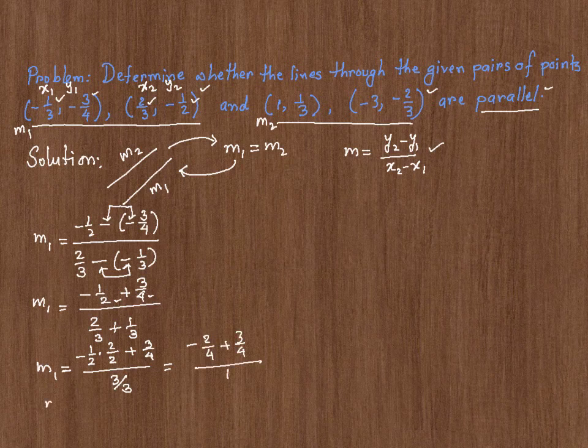So I could write this as m1 is equal to negative 2/4 plus 3/4, which is negative 2 plus 3 over 4, and the whole thing is divided by 1, so I don't need to write it. So my slope m1 is going to be 1/4.